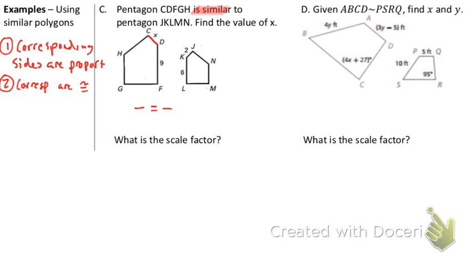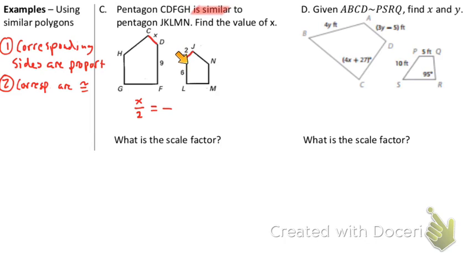So I'm going to use x, okay, and at the bottom here, to complete my ratio, I want to figure out who does x match with over here. So if you look, x matches with JK, or in other words, it matches with 2.